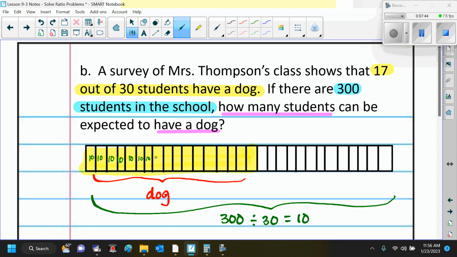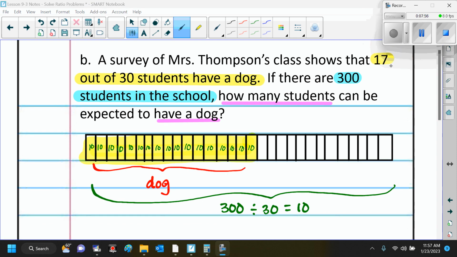You're going to write it. 10, 10, 10. Now, how do I find out how many have a dog? What am I going to multiply? 10 times 17. So 10 times 17 is equal to 170. 170 students have a dog, right?